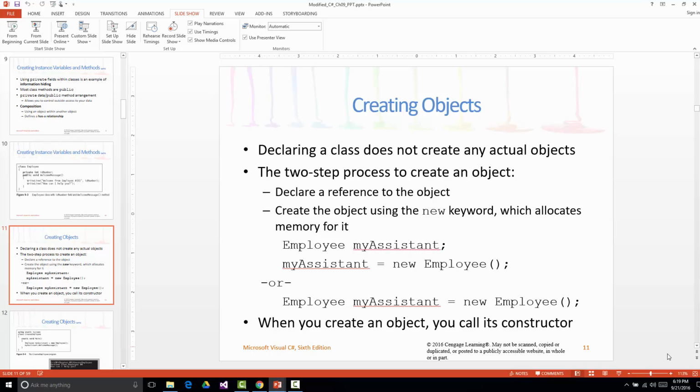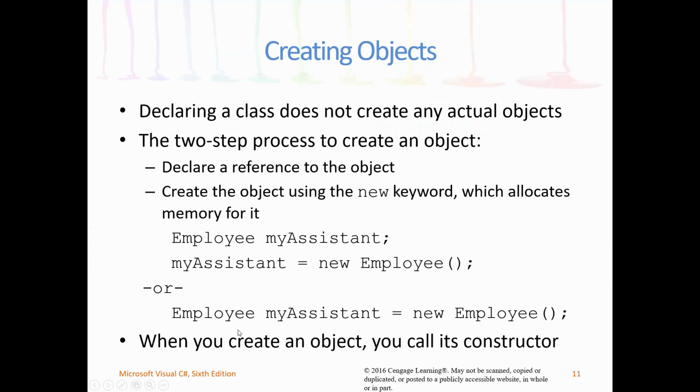Okay, so we mentioned that declaring the class itself does not create an object. You create the object with the new keyword, and again, I mentioned data type, object name equals new data type. And you'll notice on the right-hand side of the equal sign, after the data type, which is a class, you put a set of parentheses.